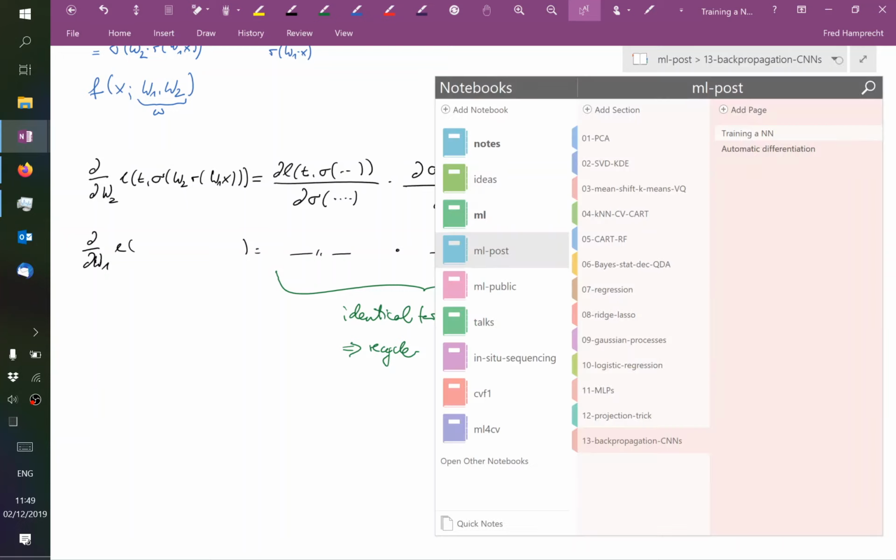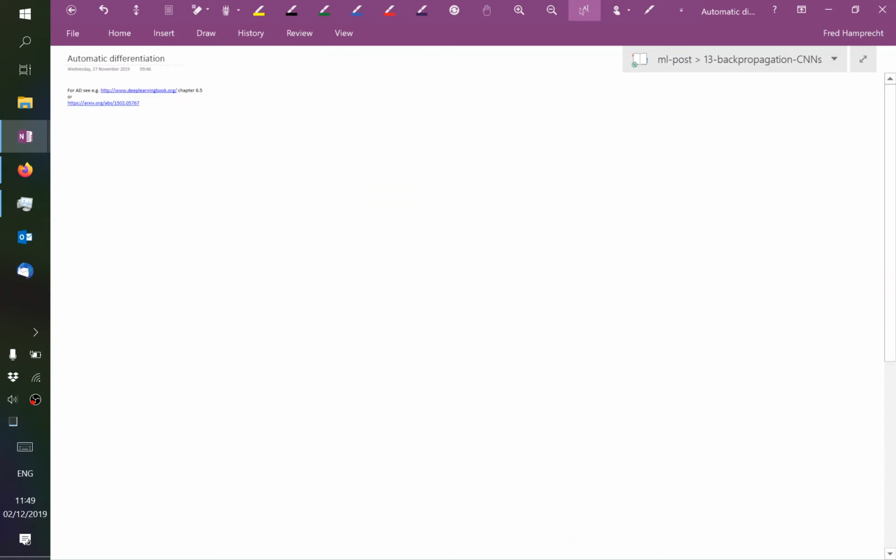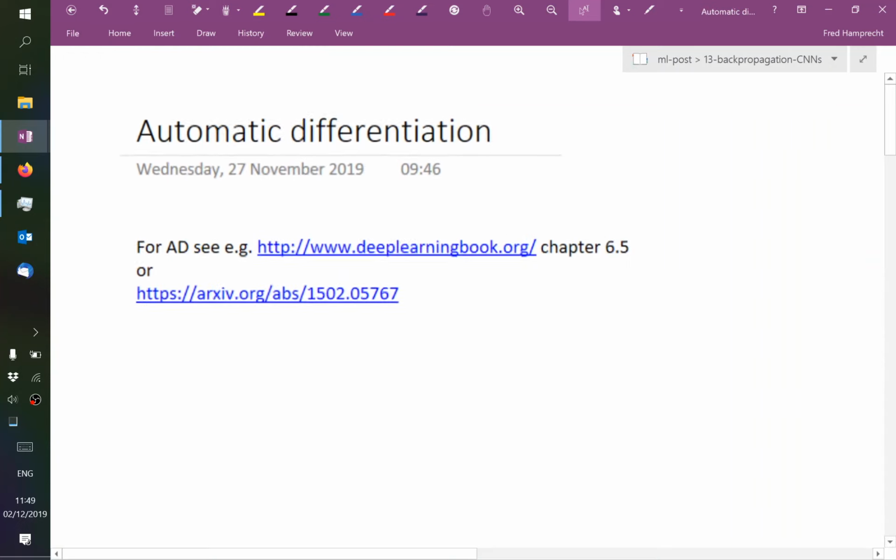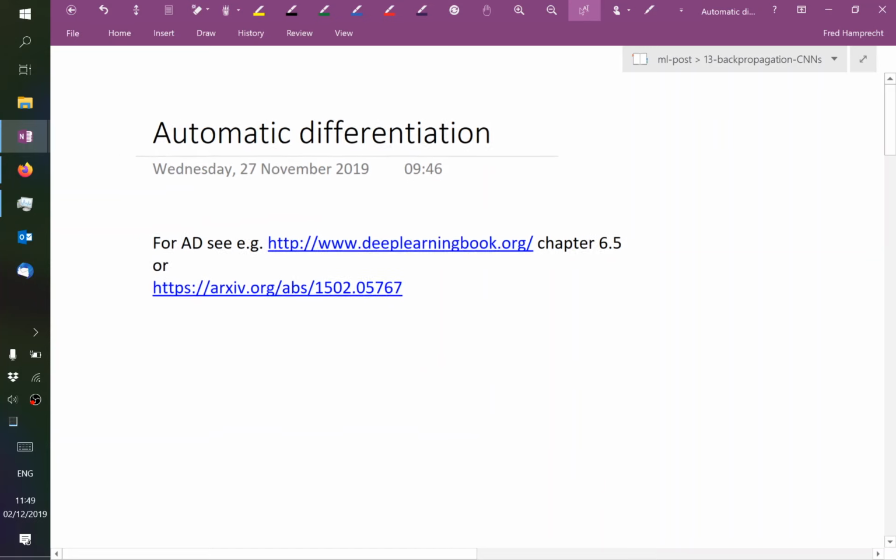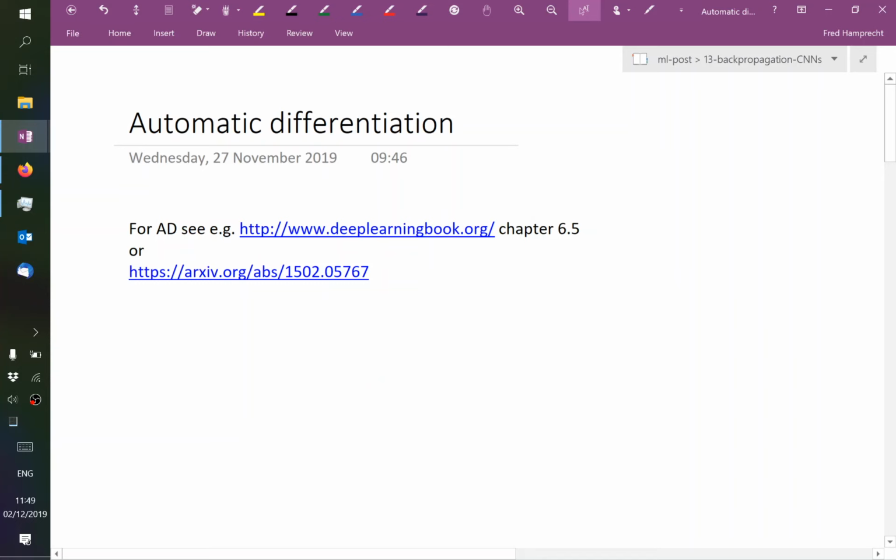All right. So backpropagation. I've given two references here. One is this book by Goodfellow and others, which is very good, or a specific paper from which I'm going to use figures further down.